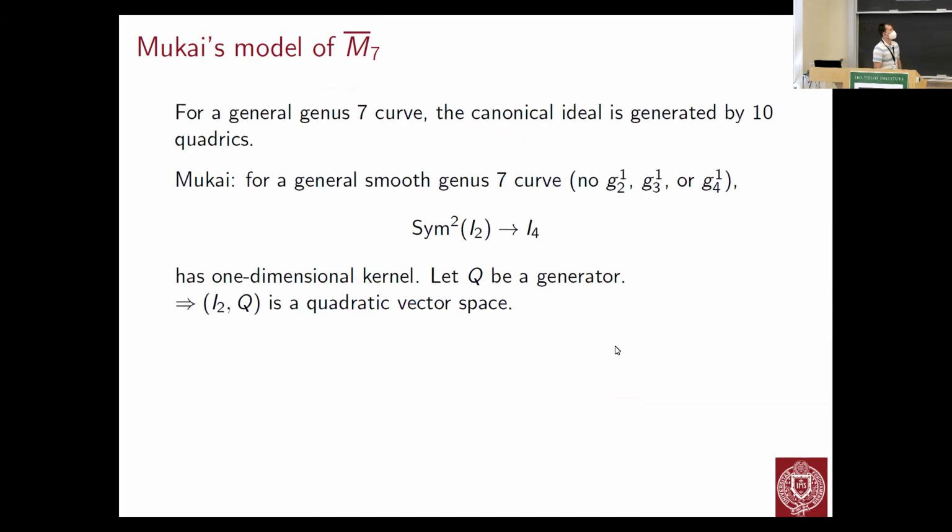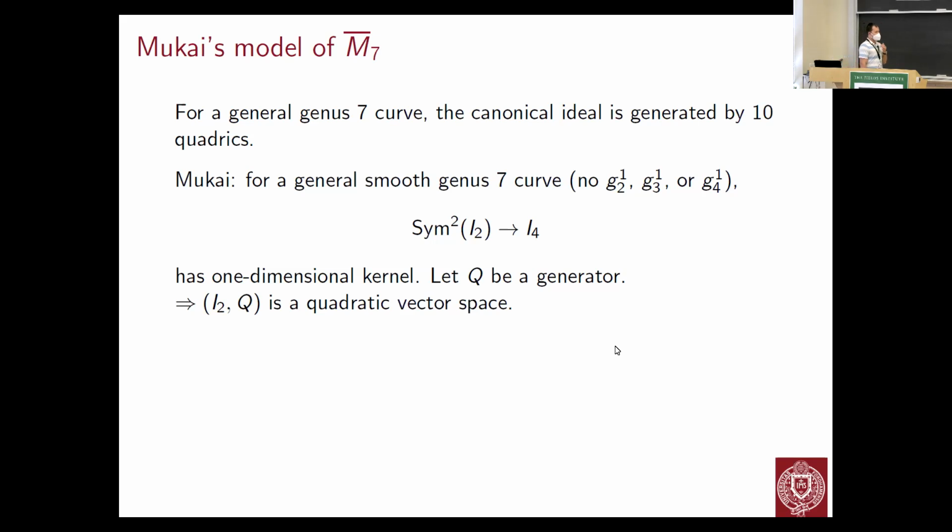Okay, so in general, we know for algebraic curves how many and what type of polynomials you need to carve out the canonical embedding. So for a general genus 7 curve, you would expect that the canonical ideal should be generated by 10 quadrics.